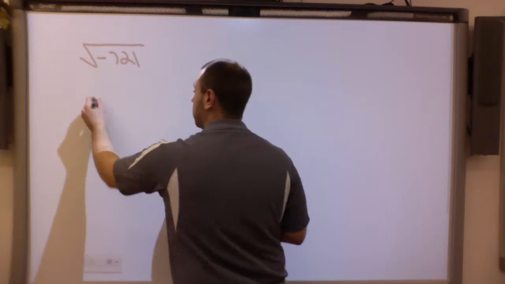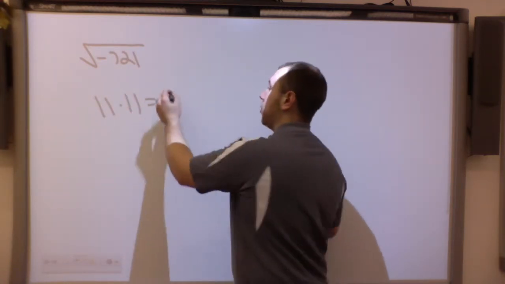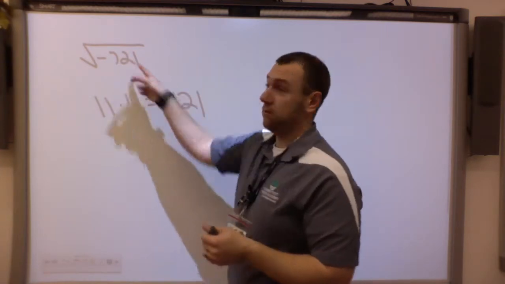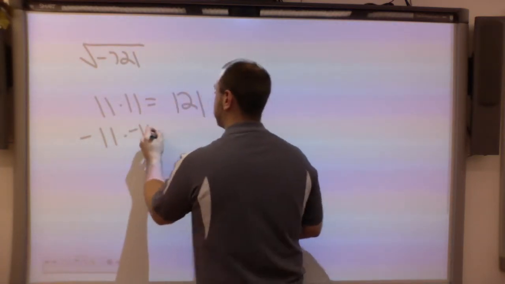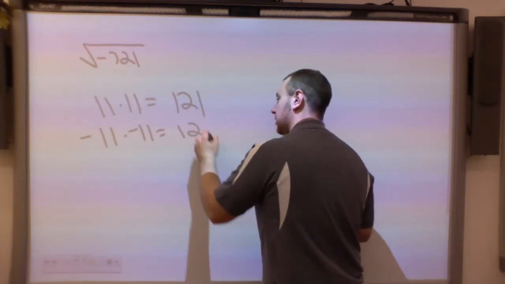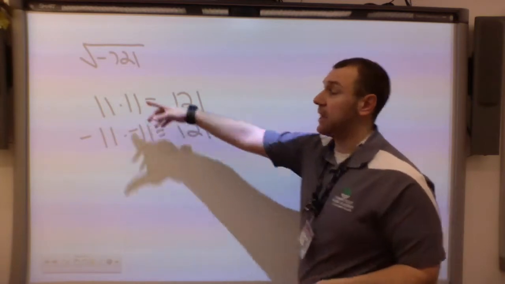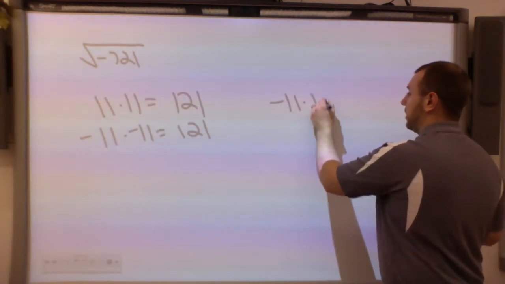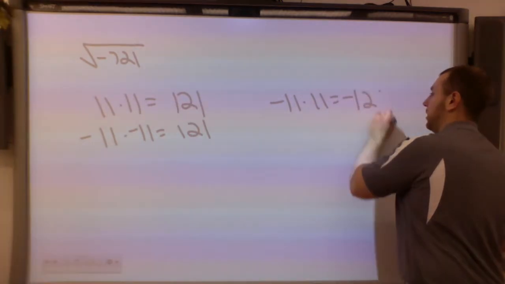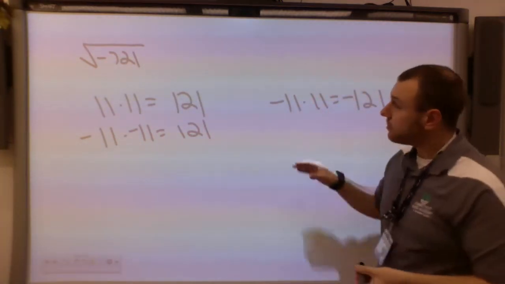Well, let's check it out. 11 times 11, that's a positive 121. Well, maybe it's negative 11 times negative 11. Nope, that's still positive 121. The only way I can get a negative 121 is a negative 11 times a positive 11.